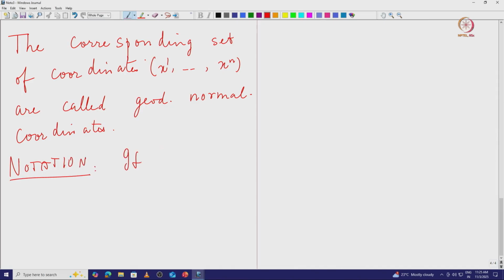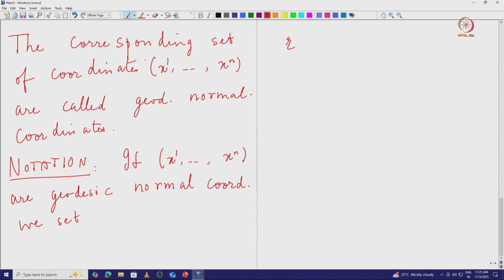So if x1 up to xn are geodesic normal coordinates, then we set r of x to be the Euclidean distance from the origin.